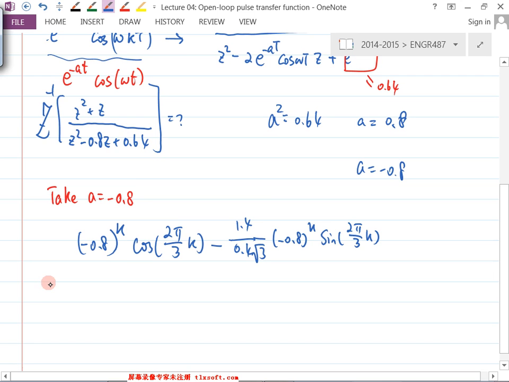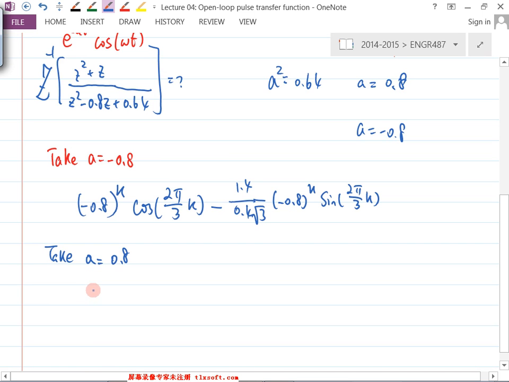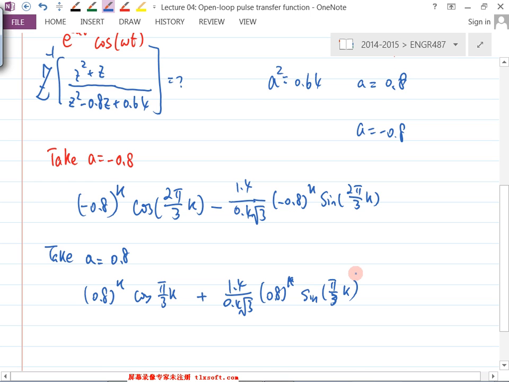You will see that if I take 0.8, the result is 0.8 to the power of k times cosine of pi over 3 k plus something. Okay, I'll get this.